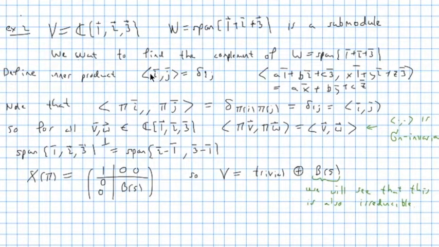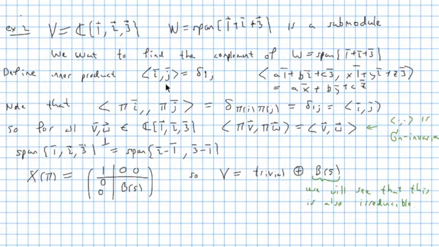So we can define an inner product on the basis. It's the inner product that takes the vectors i and j to the Kronecker delta ij, so 1 if they're equal and 0 otherwise. Then we extend it, but remember this is a complex inner product, so we need to take the complex conjugate on the second coordinate.